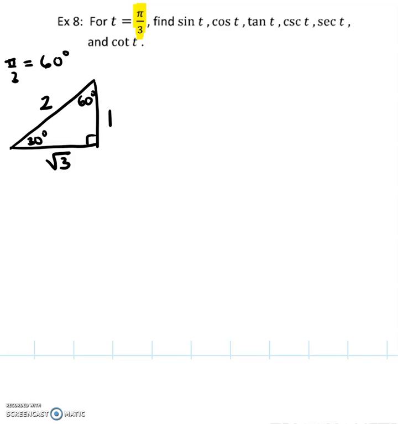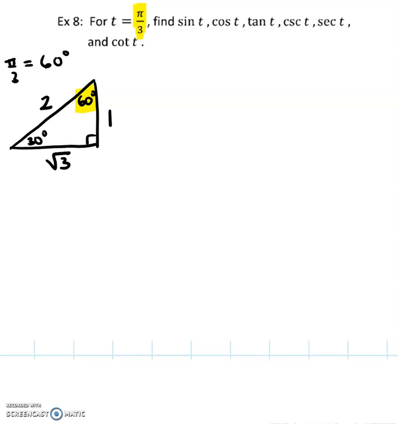You're going to hear me refer to the sides of the triangle as opposite, adjacent, or hypotenuse. Might as well introduce this now. So let's do this with our sines and cosines and tangents. Again, we're looking at pi over 3, which is 60 degrees.